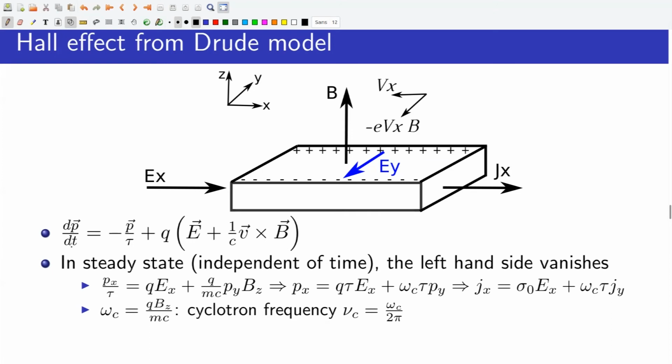This is the equation of motion. dp/dt, rate of change of momentum, is equal to, this is the Lorentz force part, and this is the damping term. In steady state, dp/dt goes to 0.